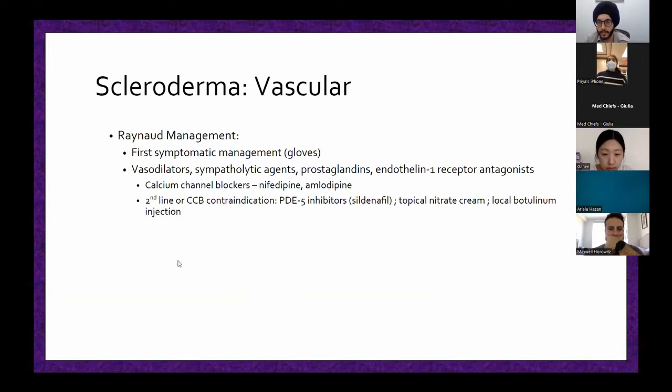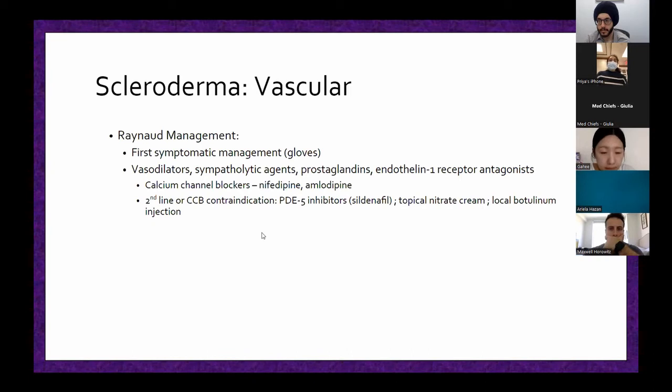So what is the management for Raynaud's? First is primary conservative management: double glove, double sock, hand warmers, feet warmers, scarves, protect the ears, etc. Vasodilators and medications can also be used: sympatholytic agents, prostaglandins, endothelin receptor antagonists. We usually start with calcium channel blockers, but sometimes patients become hypotensive or they get leg swelling.